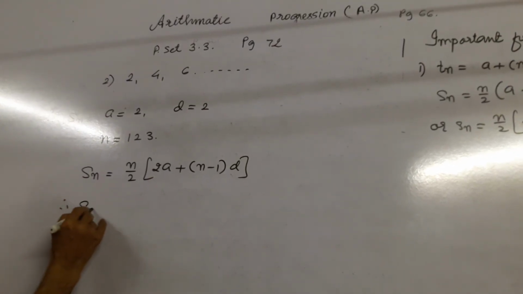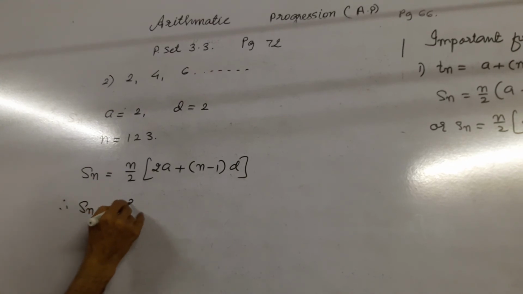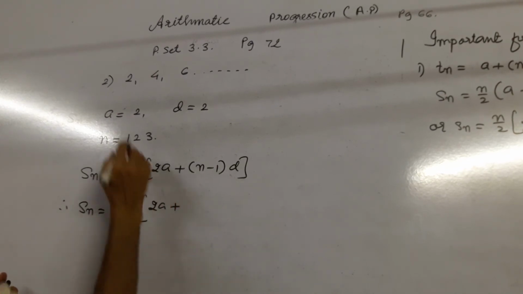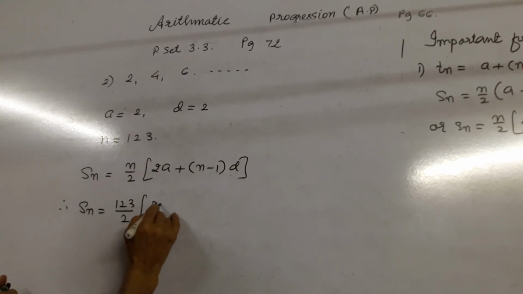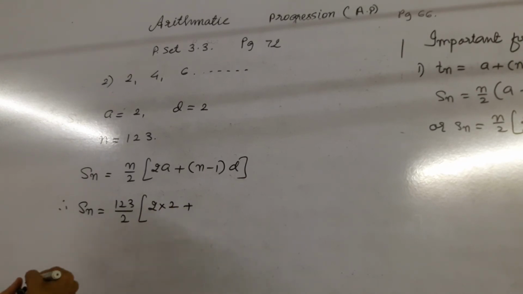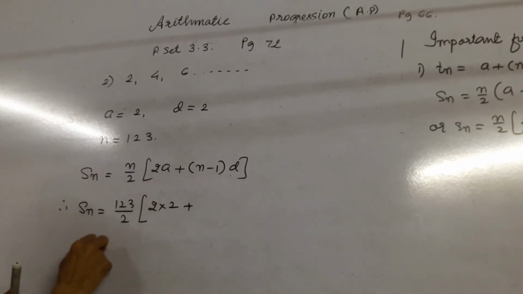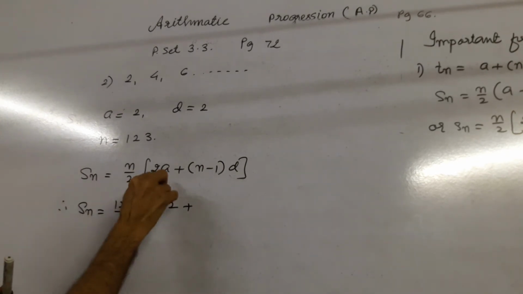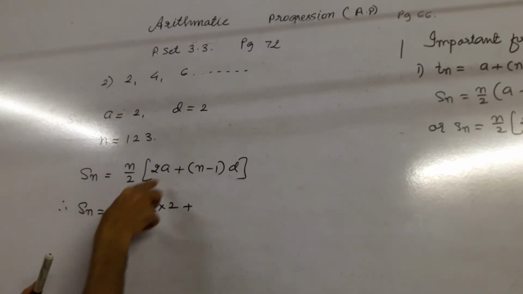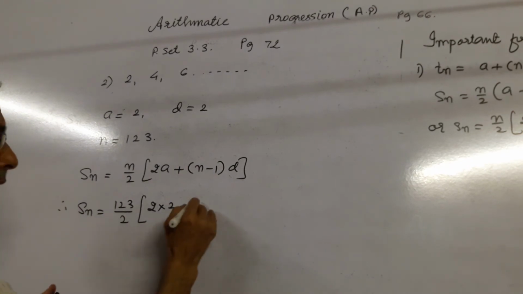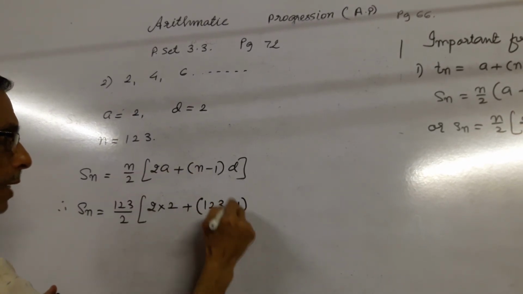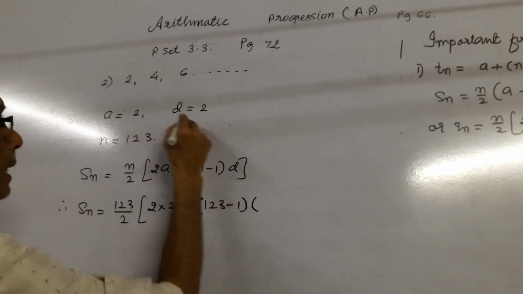Sn equal to N is 123 upon 2 bracket 2A plus, but A is 2, so write here 2 into 2. It is called substitution. So first comes the formula, then comes substitution. In substitution we are substituting the values given here. So in place of A write 2, in place of N write 123 minus 1 as it is, in place of D write also 2.